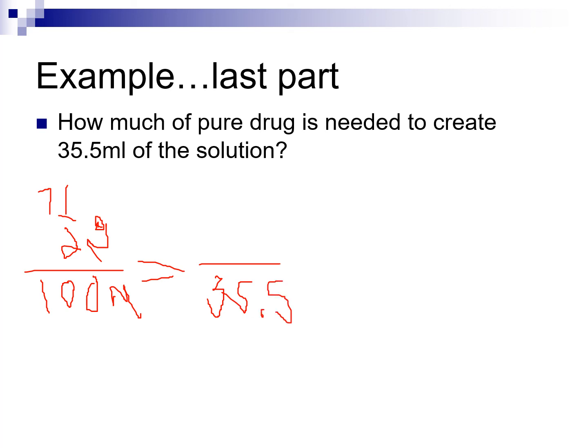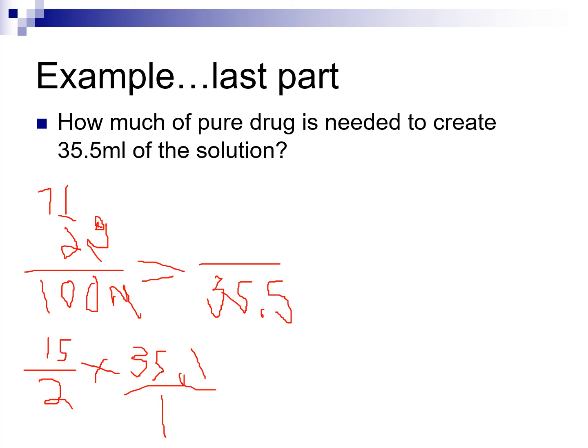Okay, so this is a tricky one. Now I'm going to take my fraction over here again, change it back to an improper fraction, and just do the multiplication. So the 7.5 is going to turn into 15 over 2, and I'm going to multiply it by 35.5, which is the same as 35.5 over 1.